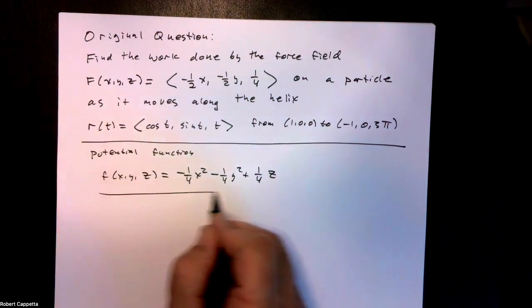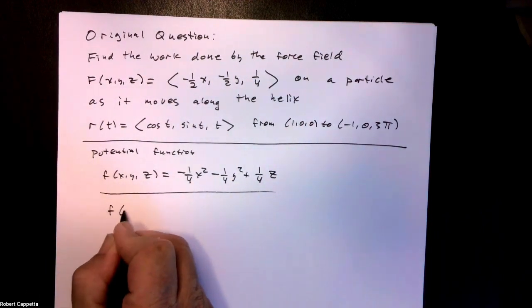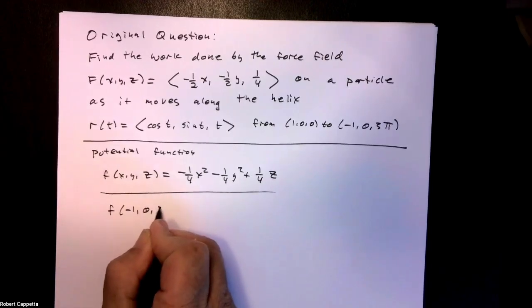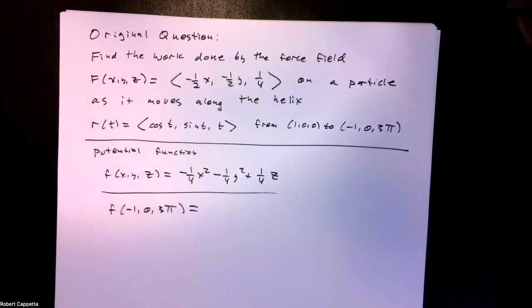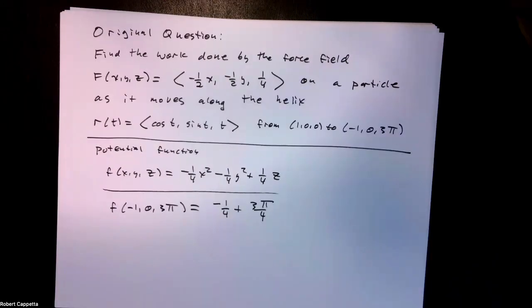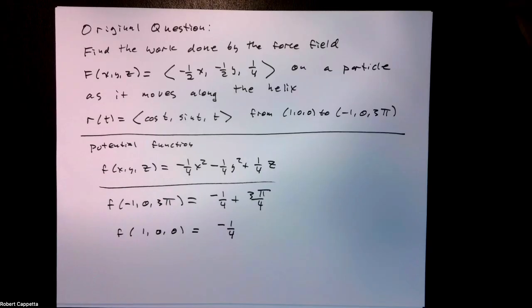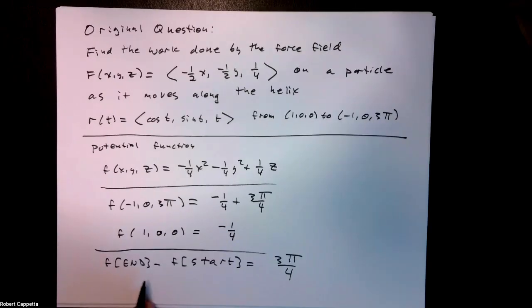So what is the potential function at the ending point? What is f of negative 1, 0, 3 pi? What does that equal? You get negative 1/4 plus 3 pi over 4. How about the starting point? And if I subtract those, f of the endpoint minus f of the starting point is 3 pi over 4, which you may recall was the answer to the original question.